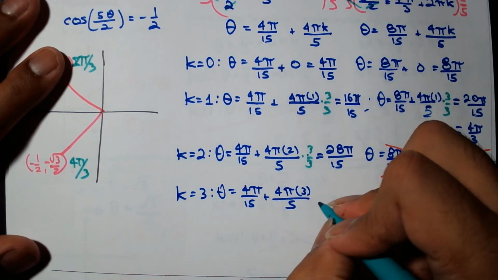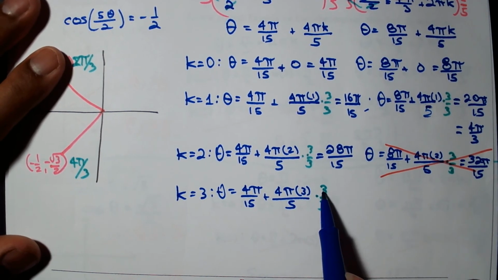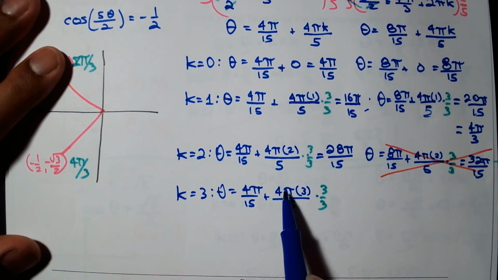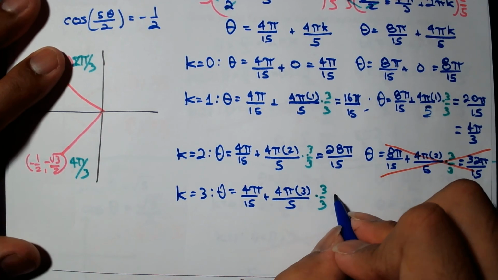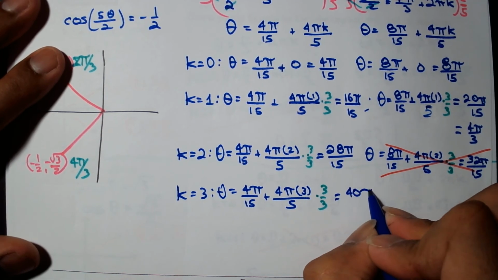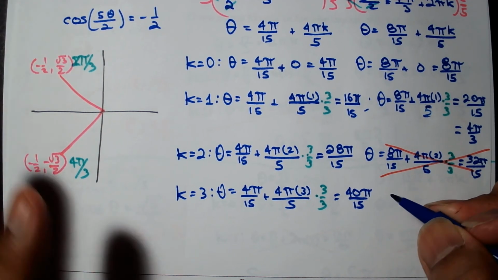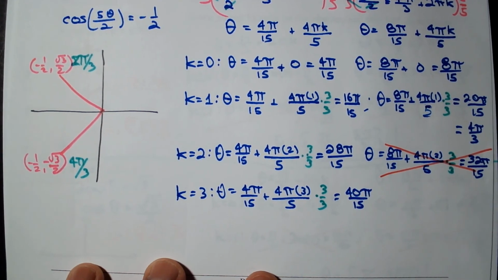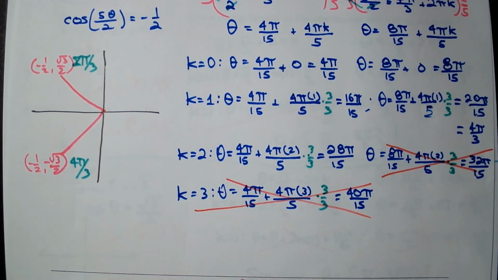Well, again, I need that LCD. 3 times 3 is 9. 9 times 4, well, that's 36. 36 plus 4, that's 40 pi over 15. And then 40 pi over 15 is clearly bigger than 2 pi. So we can disregard this one.